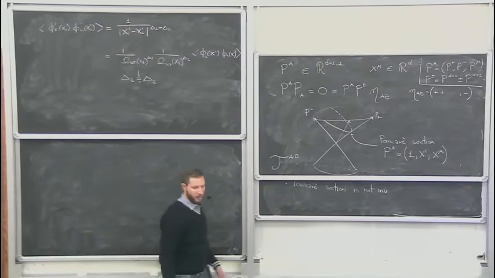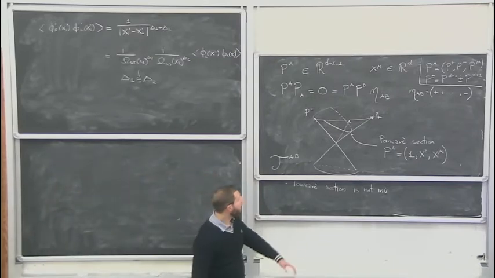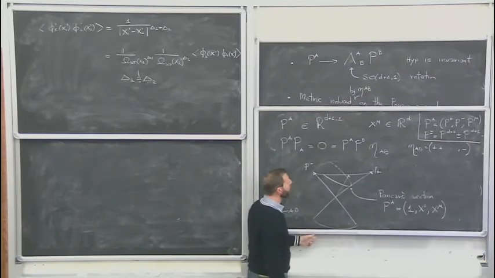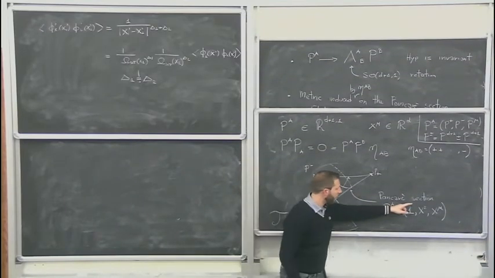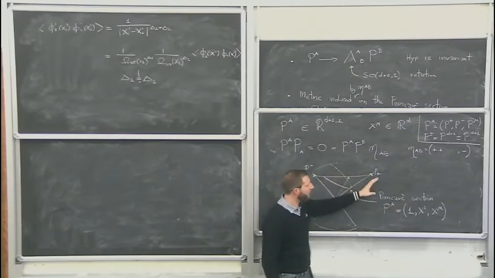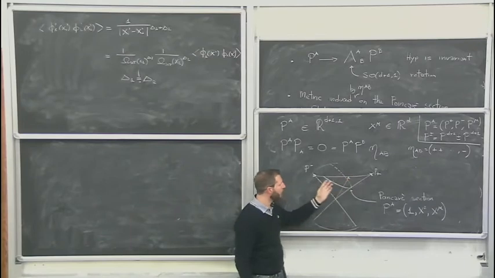Because we are selecting a particular Poincare section, and we want our field to be defined on the whole hyperboloid.